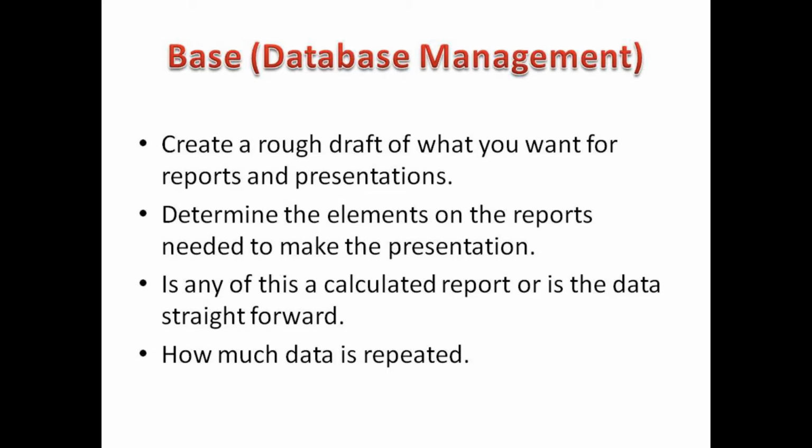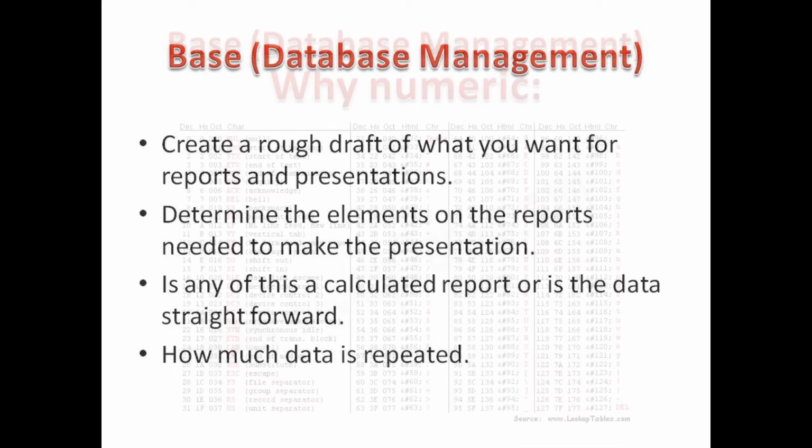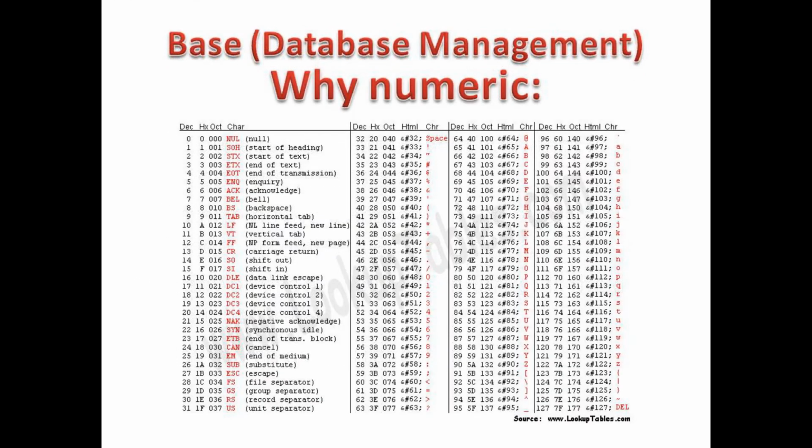And is any of this a calculated report, or is this straightforward data? Well, in a numerical field, we have something that we're able to increment one at a time. So that would be a calculated field as we develop our database if we choose to go that direction. Everything else is data, and that is called a character or text.